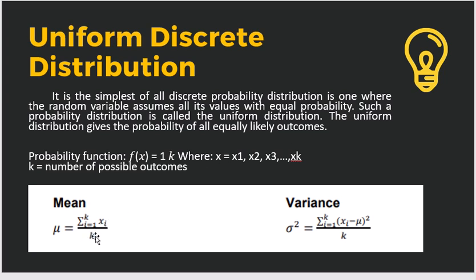The k is the total number of possible outcomes, and this will be your maximum. Same with this one, now we have the variance, following the given formula with x sub i and the mean mu taken from the previous formula, and we have the maximum number of possible outcomes and the total outcomes.